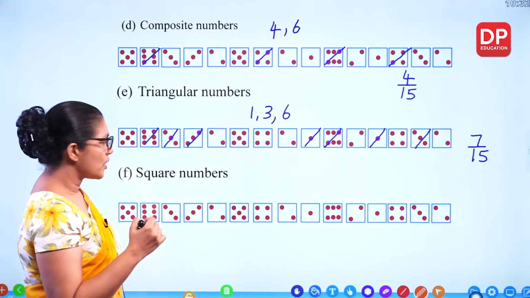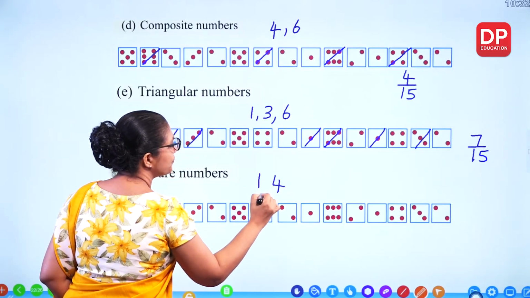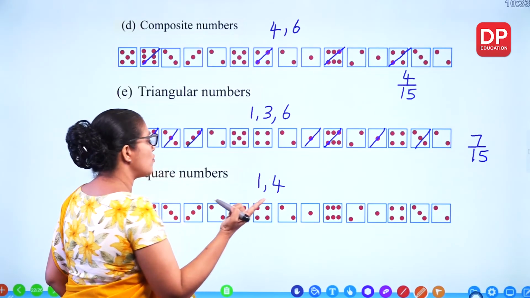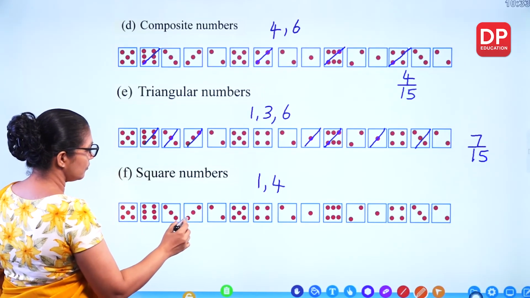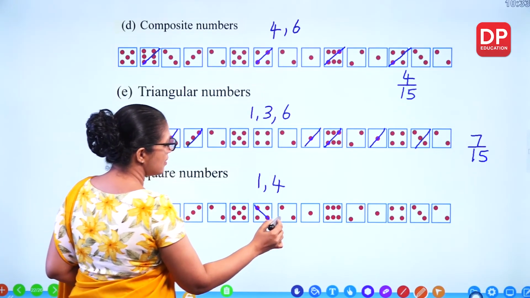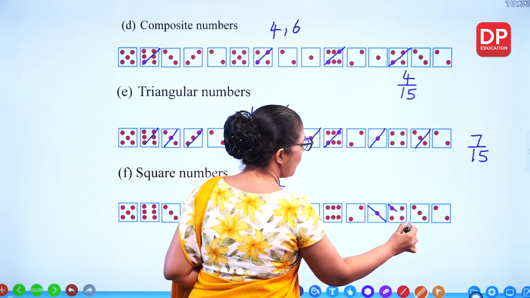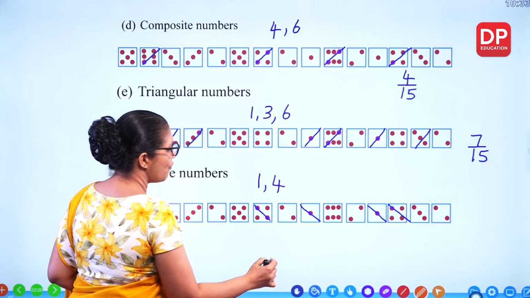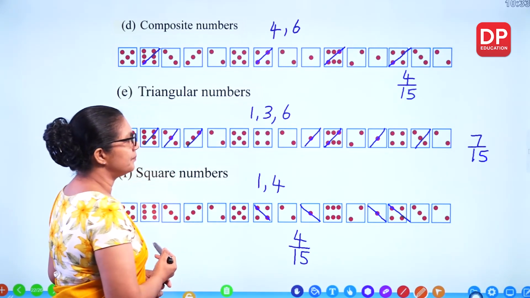Square numbers. What are square numbers? 1. 2 squared is 4. 3 squared is 9. So only 1 and 4. 1, 2, 3, 4. 4 occurrences out of 15.